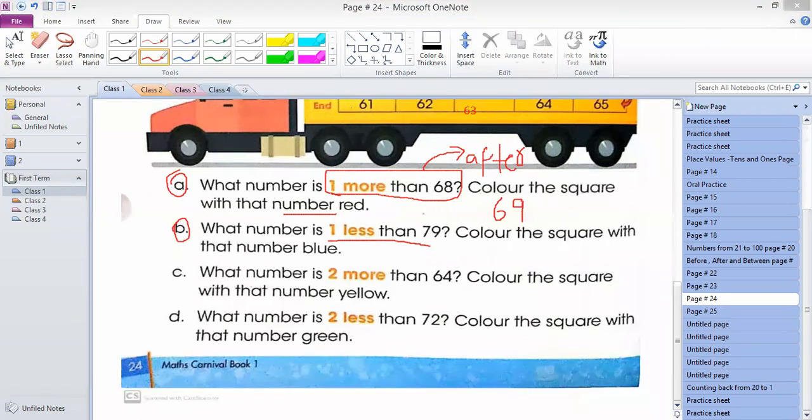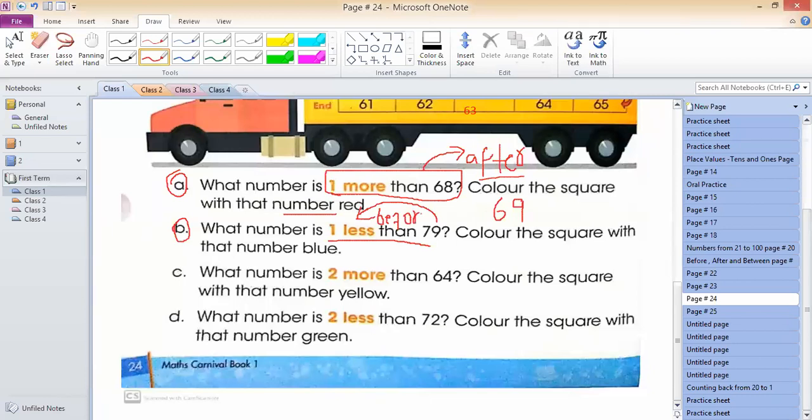Very good. Guys, in order to find out the number 1 less, you will do the opposite. In order to find out more, you were checking after. Now, you have to find out what number is 1 less than 79. So go and check what number is before.